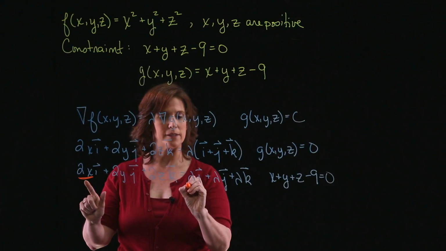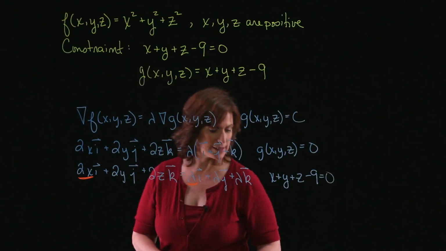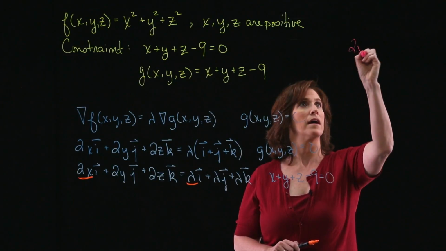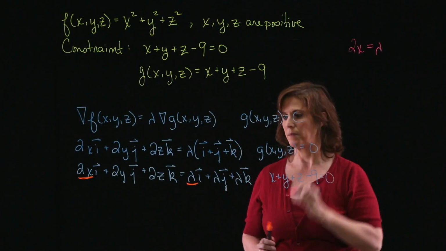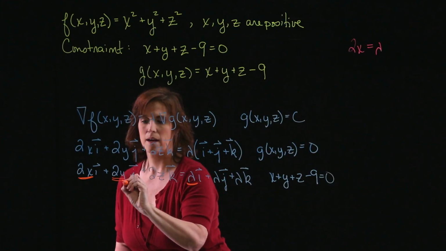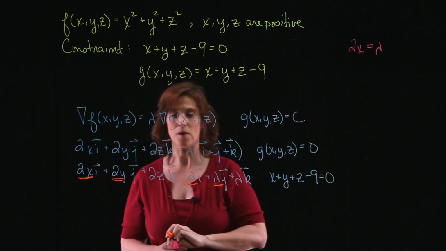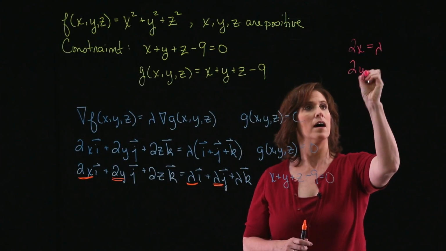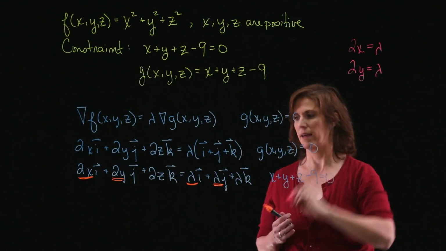So the i components have to be the same. So that tells me that 2x equals lambda. The j components also have to be equal. So 2y also has to equal lambda.